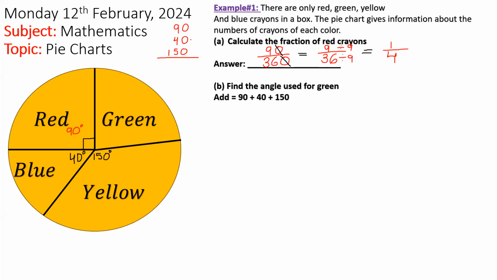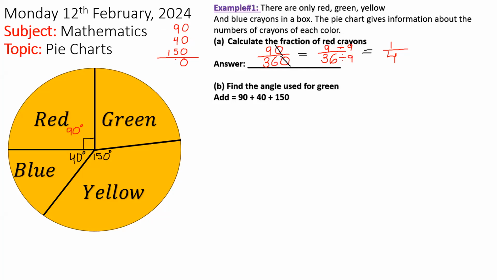So 0 plus 0 plus 0 is 0. Okay, good. And then 9 plus 4 is 13, plus 5 is 18.